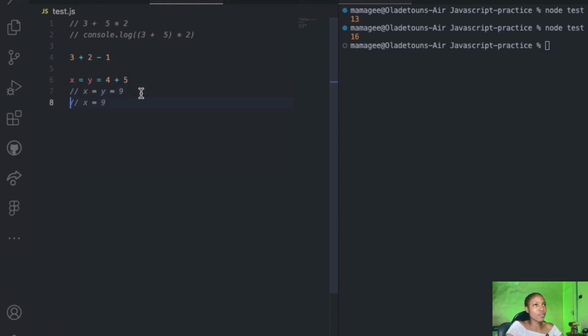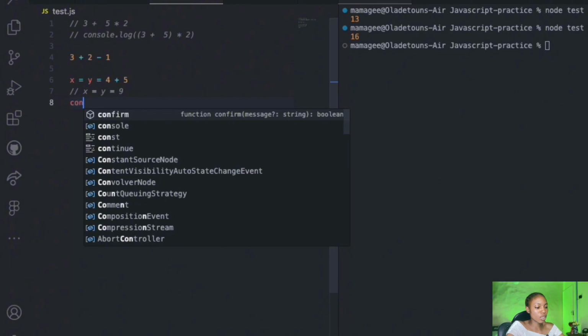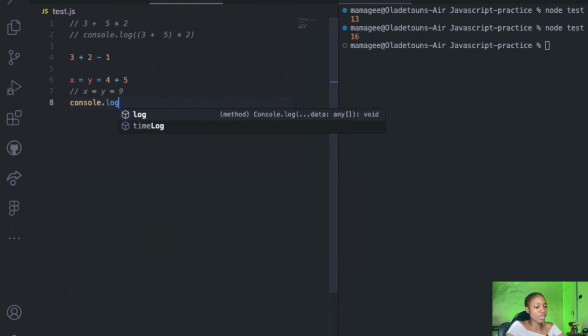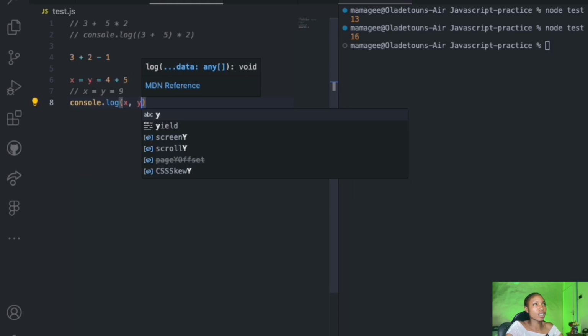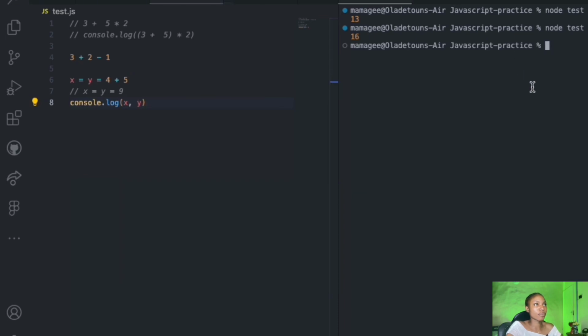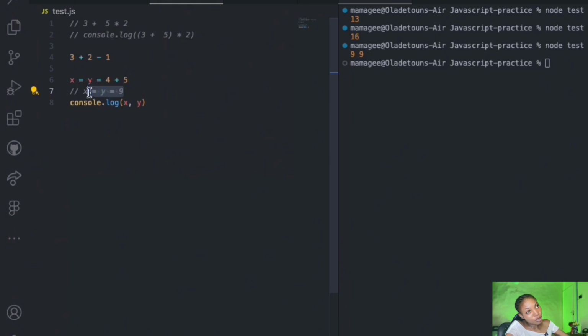And that is why if you console log x and y, I will most likely get values for both. Node test. All right, so I get 9, 9. That is because the operation went from right to left and not from left to right.